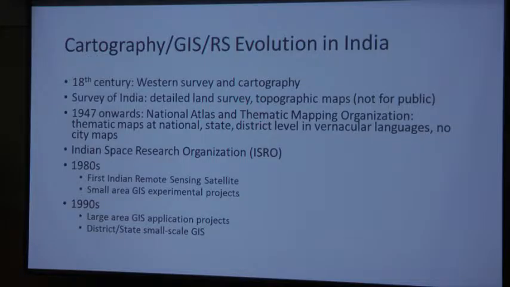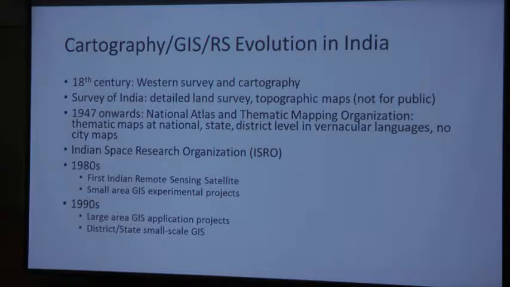From 1947 onwards, which is when independence happened, other mapping efforts came in, such as the establishment of the National Atlas and Thematic Mapping Organization, which is a very important thing because they produced thematic maps at national, state, and district level in vernacular languages.